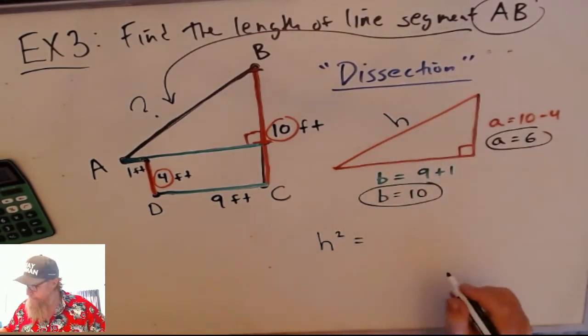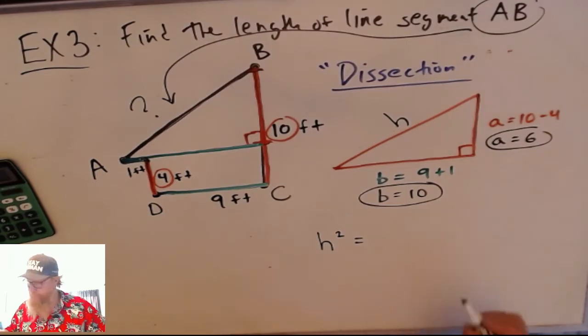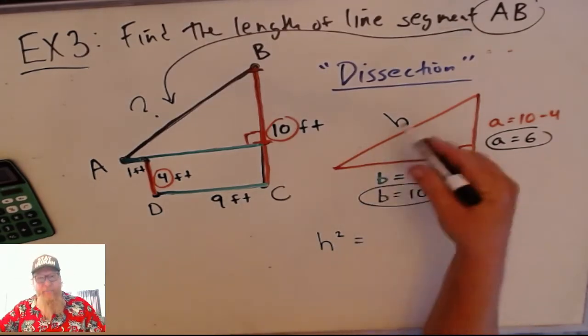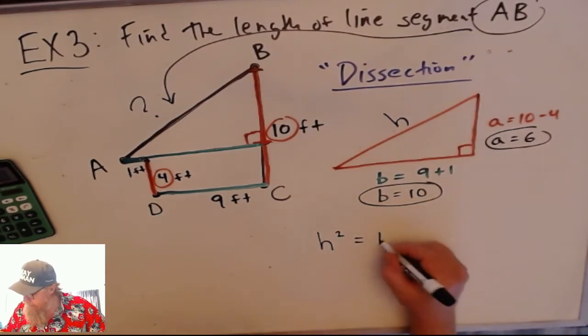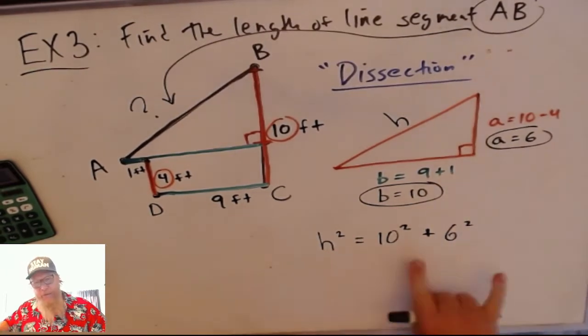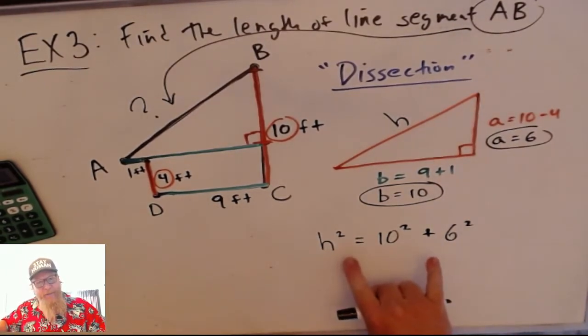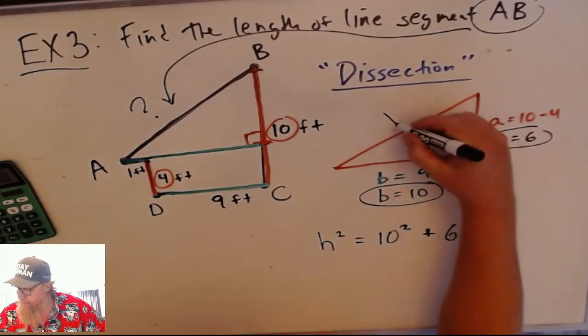I always wonder why we just don't use H in the first place, right? You could. So you got H squared, which is the same thing as C squared, equals B squared, 10 squared, plus 6 squared. There's your Pythagorean theorem in relation to this diagram here.